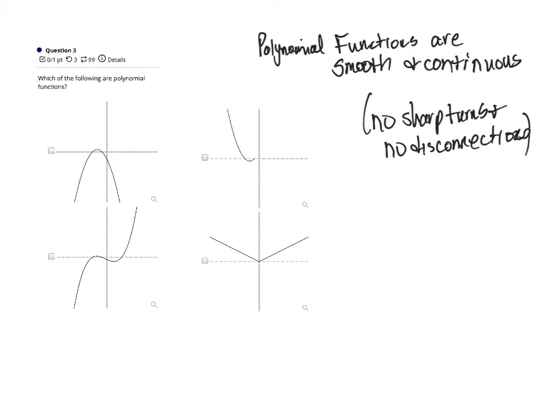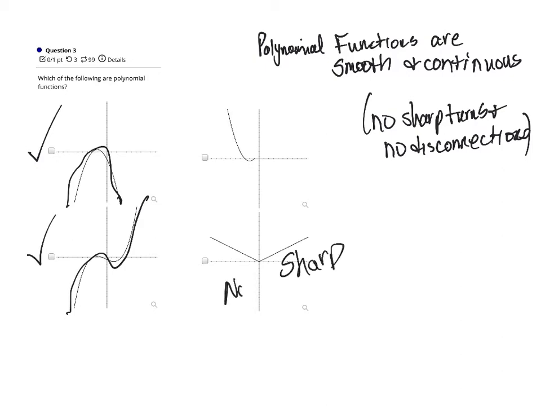So if we look at this graph right here, it's smooth and continuous. So this is one. If we look at this one, it's smooth and continuous. So this is a function. This one has a sharp turn. So this is not, because it has a sharp turn.